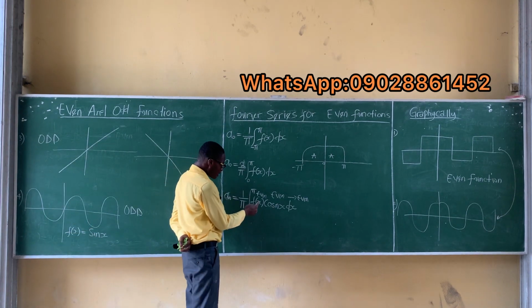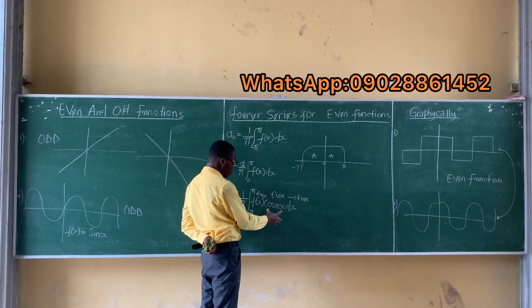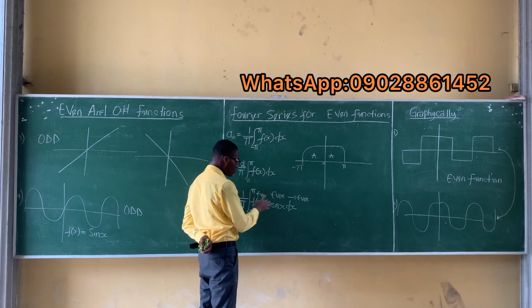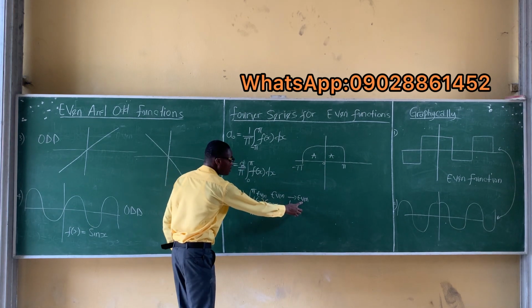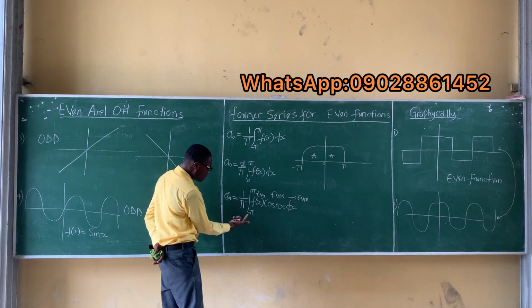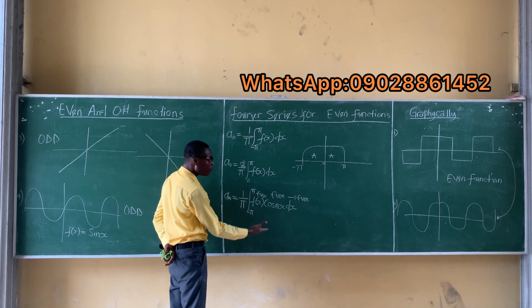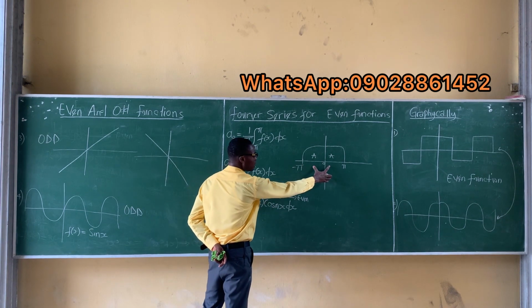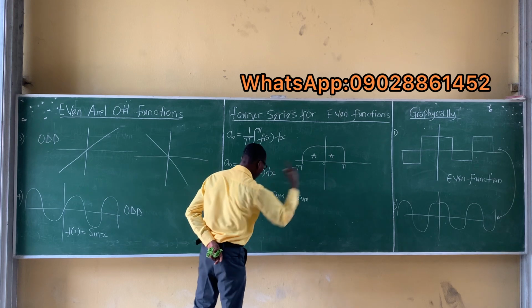So we have that f of x is even from the Fourier series for even functions, and cos nx is also even. So even times even gives us even. If even times even gives us even, it means instead of integrating from minus pi to pi, we can integrate from 0 to pi and double the result, because we have seen that for even functions, we can actually go from 0 to pi and double the result.